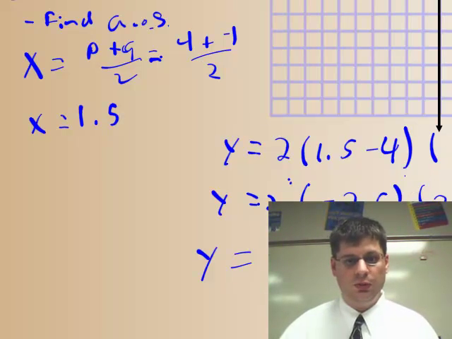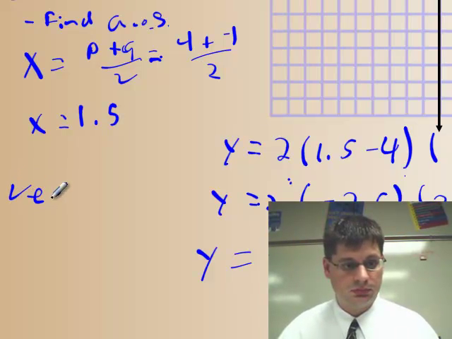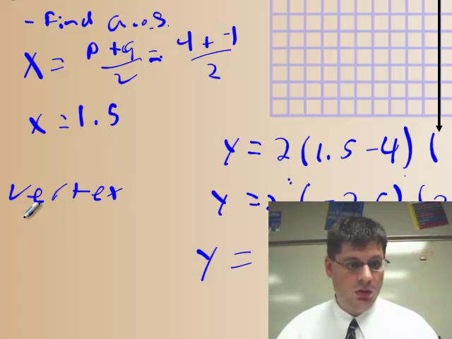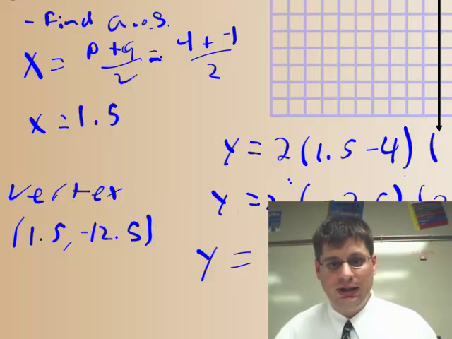Okay, so we will substitute, so my point is that my vertex is at 1.5, negative 12.5. Okay, so my graph isn't quite big enough for that.